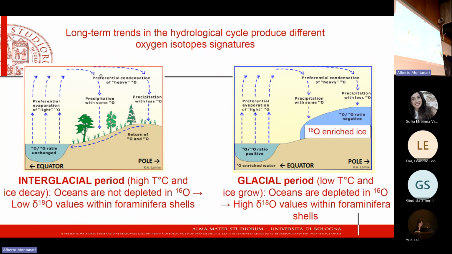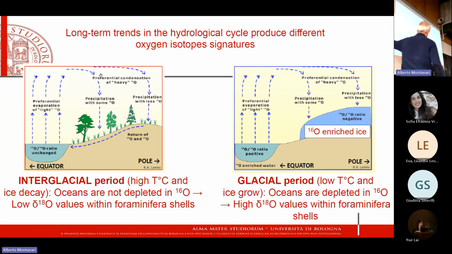Conversely, in the ice, you can see the difference. When you see in the ice more O16, it means a warm period, and so on. So there is this difference in weight that allows us to distinguish between cold and warm periods.